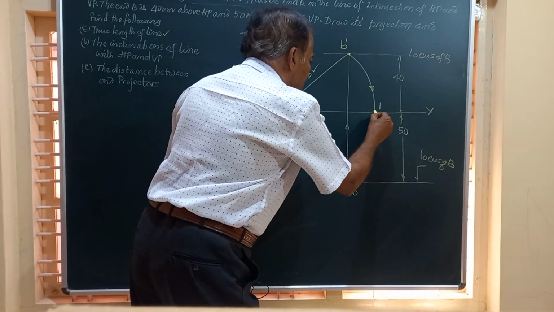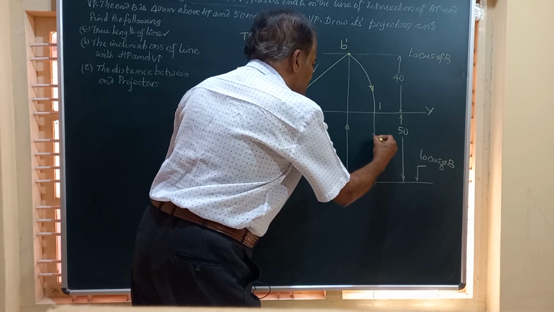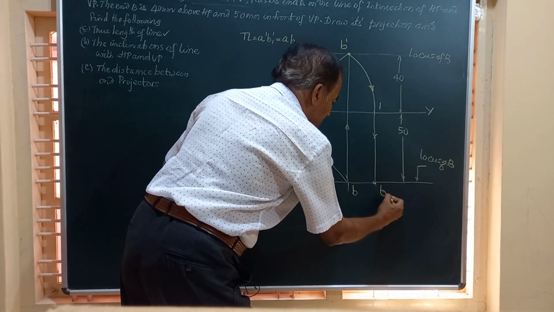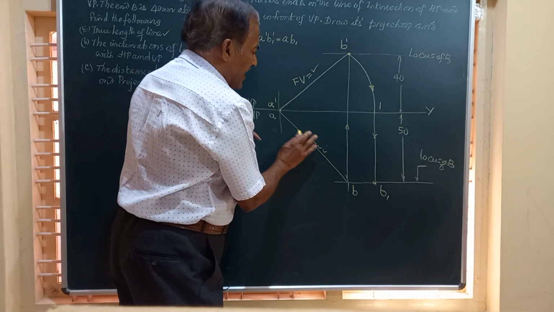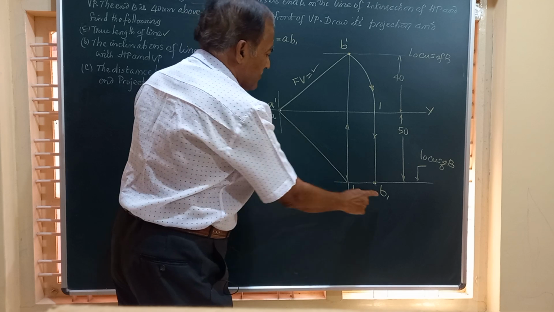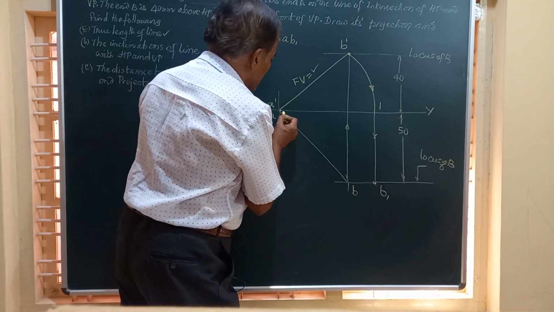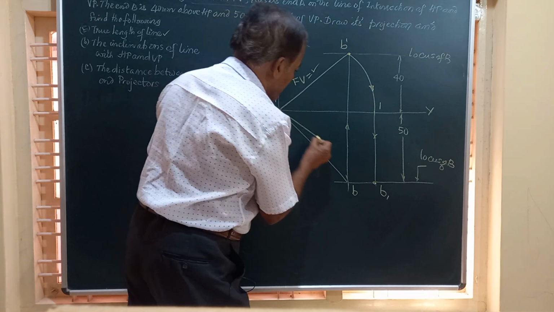From there, draw a vertical line downwards, and this is going to meet the locus of B at point B1. Friends, you have A, you have B1, and if you join this A and B1, you get the true length of the line in the top view.